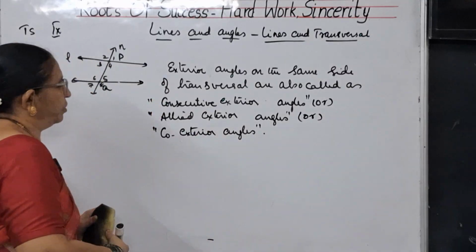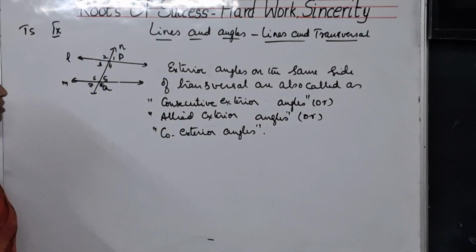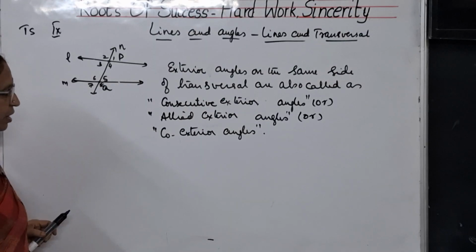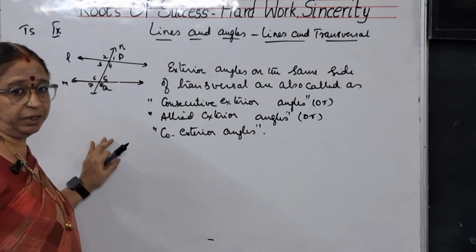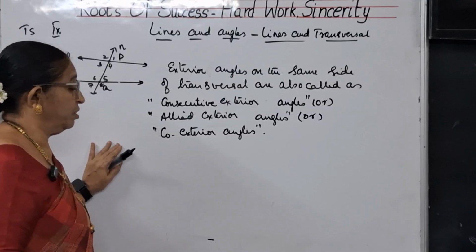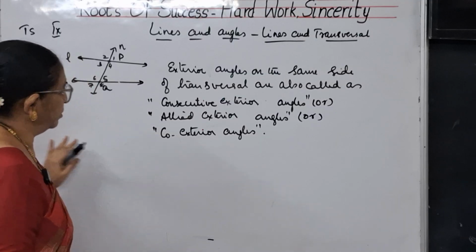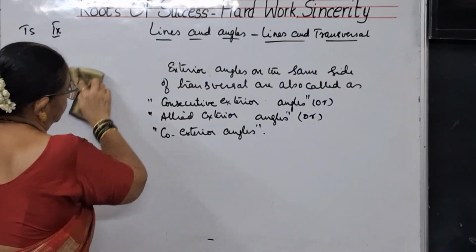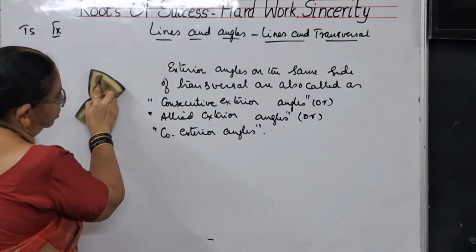So these are the names for exterior angles on the same side of transversal. You may get them in objective questions, and as it is in your syllabus, it's my duty to teach this also. So I hope I am clear, children. Now, I hope you have copied this.